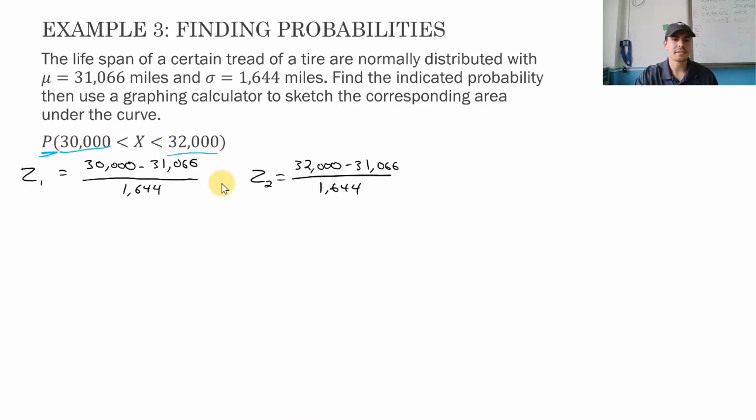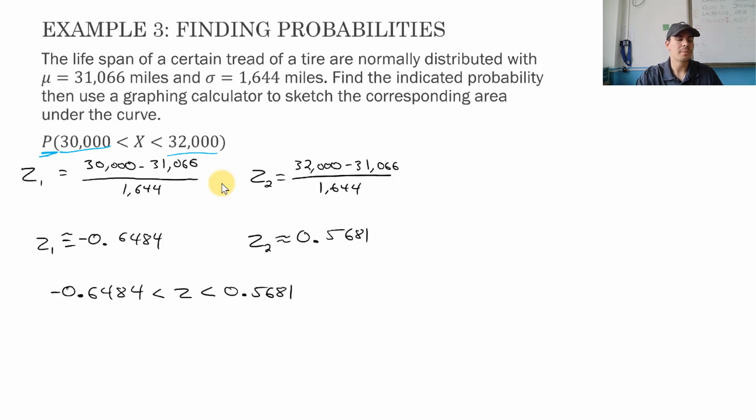Okay, so first things first, let's find these z values by just plugging in 30,000 and 32,000. And we're going to find a z1 value of approximately negative 0.6484 and a second z value of 0.5681. So my z values are going to give me this interval in between both of these two that I just found.